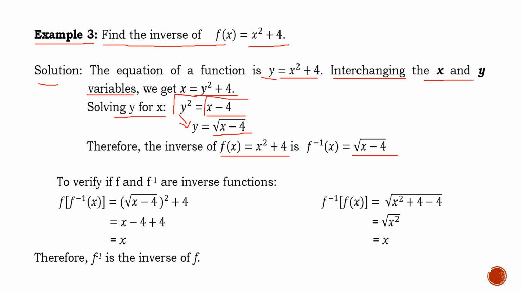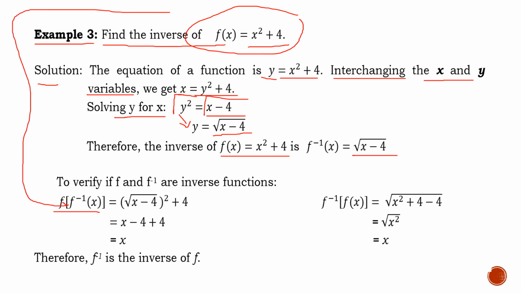For us to verify that these two functions are inverse functions, let's use the concept of your composite function, your function of your inverse function. So we just simply use f of x, your original function here, as your pattern. So we replace all your x variable in your original function by simply using the computed value for your inverse function.